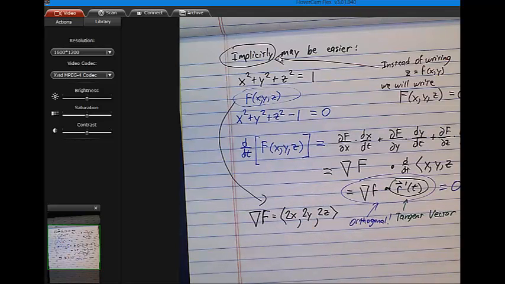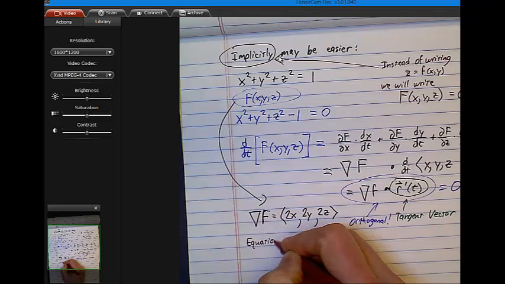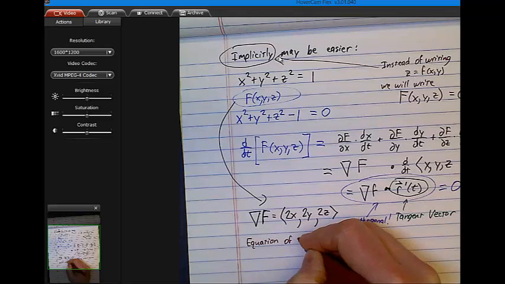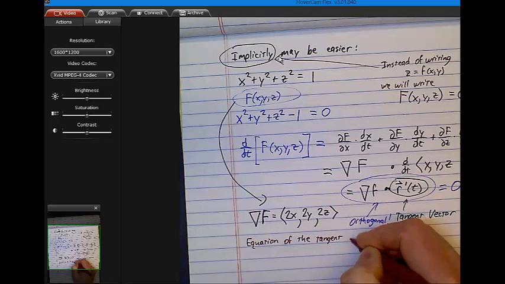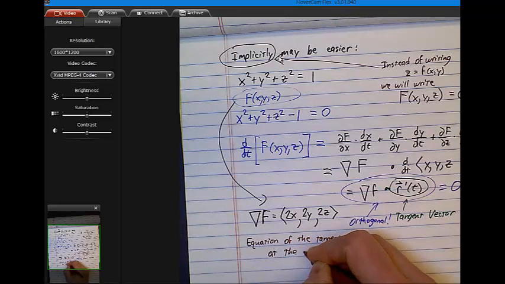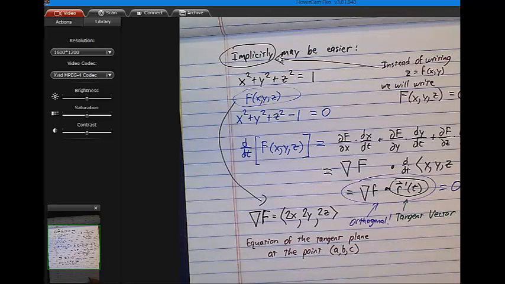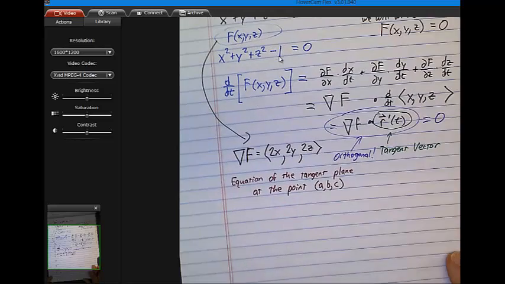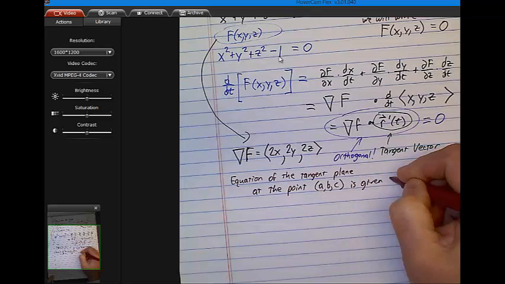Now, the equation of the tangent plane at the point ABC. Notice I didn't even use vector there. I said at a certain point is given by the following.